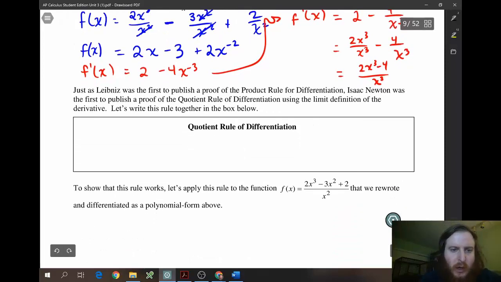Now, just like how we talked yesterday about Leibniz publishing the product rule, well, Isaac Newton was the first one to publish the quotient rule.